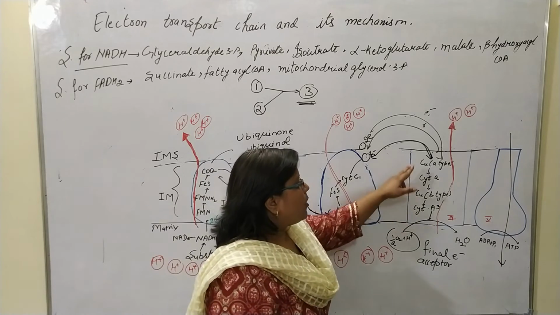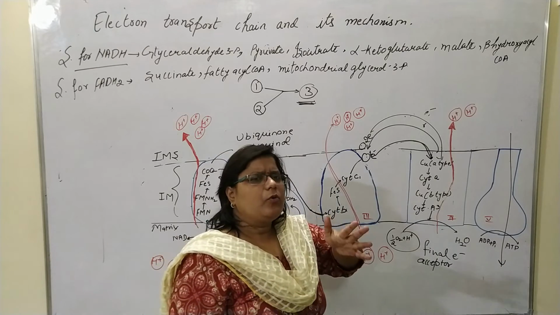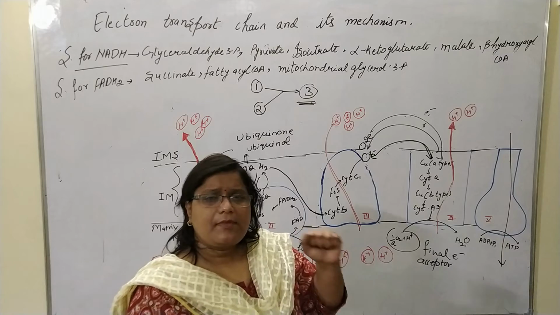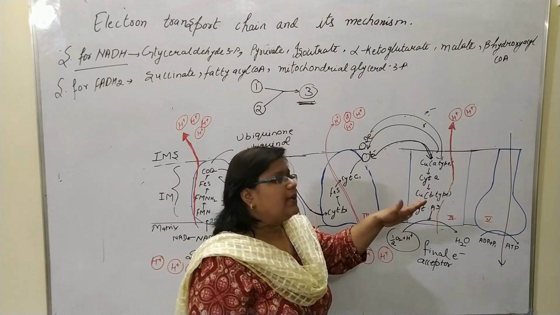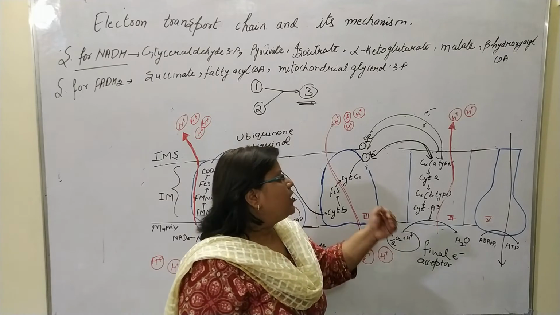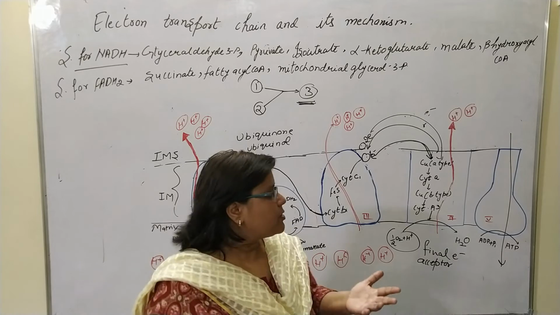Now the copper ion A type and B type, we will not go in depth, because it's not the main thing. The main thing is that in complex 4, two types of copper ion, A type and B type, are present.